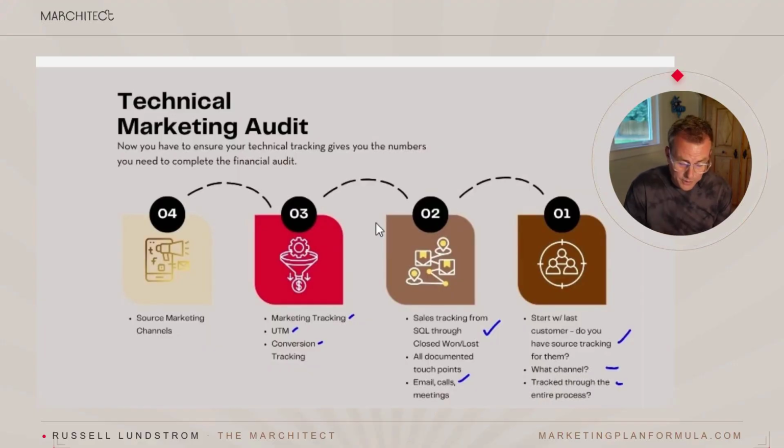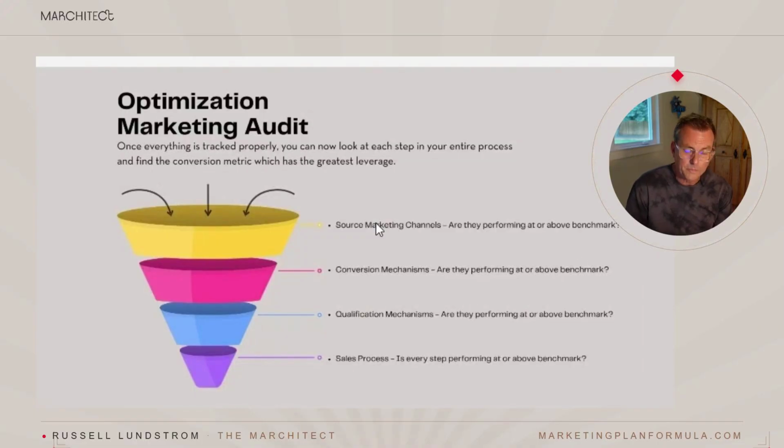That's the easiest way. All right, so in part 2 here, we went through this technical marketing audit. Now what I want to talk to you about is this idea of the optimization audit, because now your CMO and you should understand for each channel, how is it performing? That's the next question you need to answer.